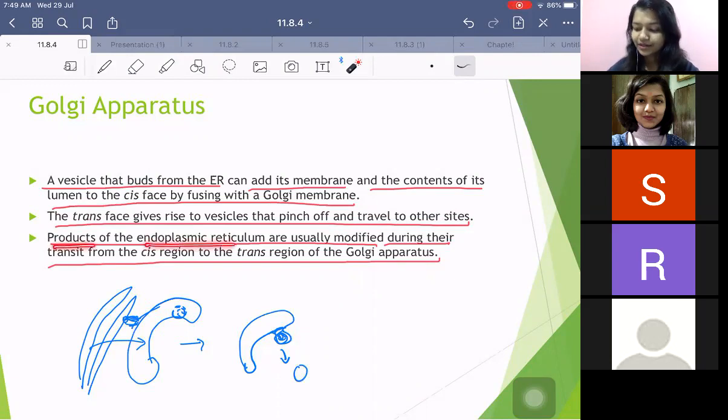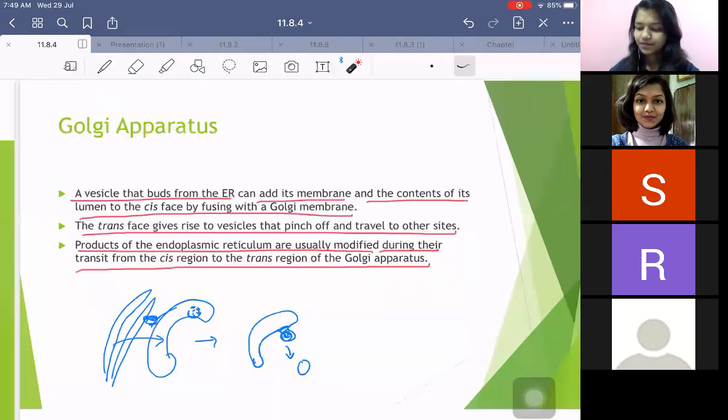Products of the endoplasmic reticulum are modified during the transit from cis to trans region. Whatever products you are getting in the endoplasmic reticulum, they get modified from cis to trans here.